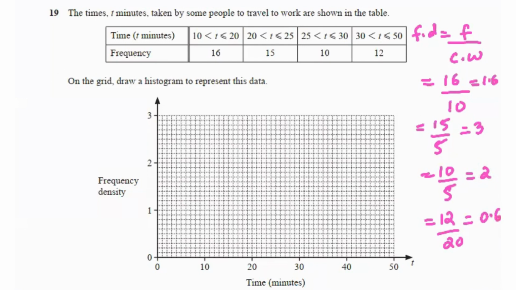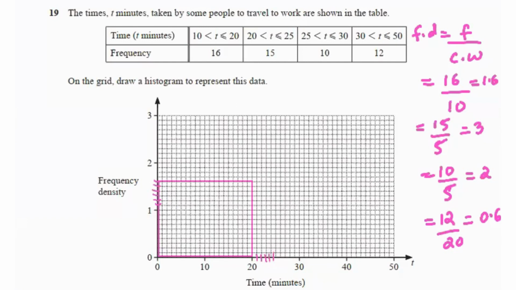So now if we plot these over here, for 0 to 10, it's 1.6. So 1, 2, 3, 4, 5, 6. To 20, it's this. 20 to 30, 20 to 25 is 1, 2, 3, 4, 5.